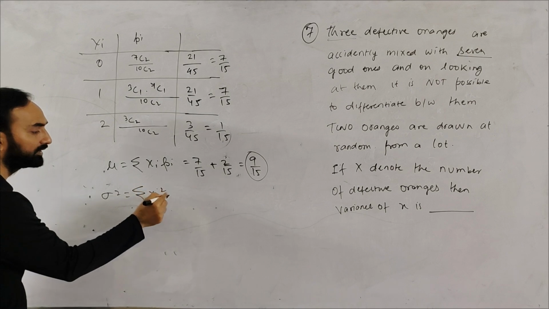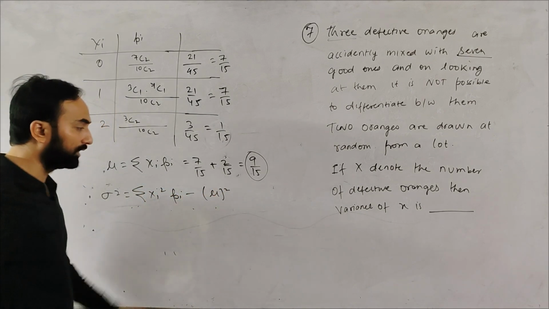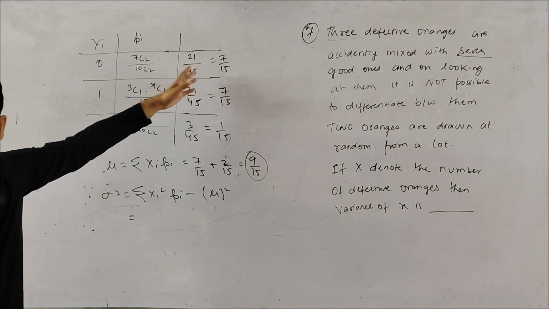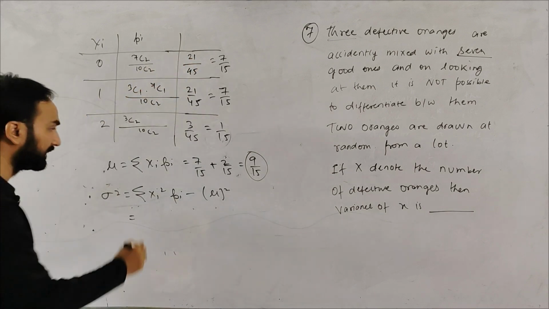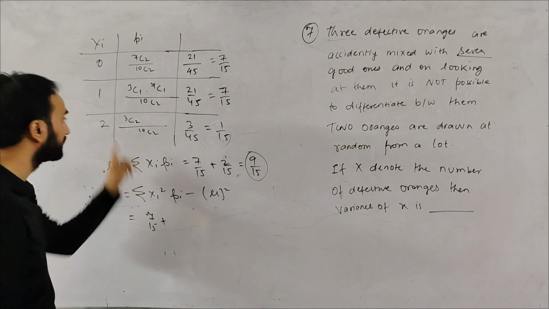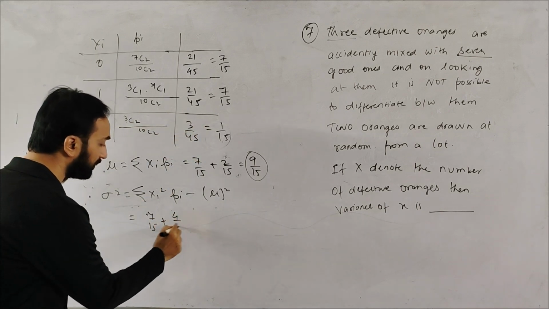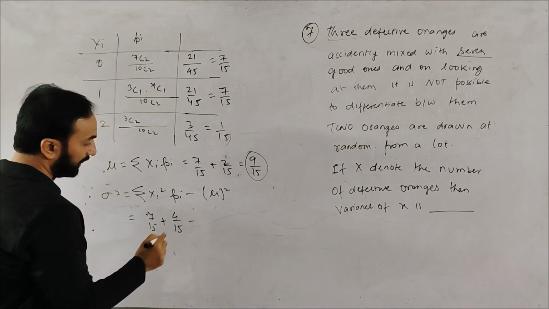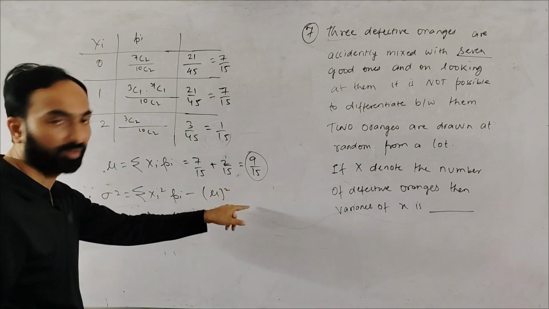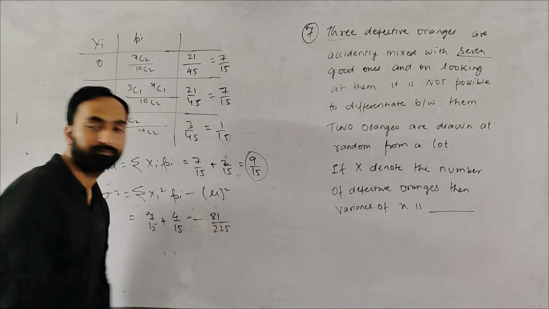Now what is the variance formula we have used? Summation of xi square pi minus mu square. Now just calculate quickly. Xi square is what? 0. There is nothing to do here. Then it is 7 by 15, plus this will become 2 square, no? This will become 4 by 15, and minus mu, which is 9 by 15. So 9 by 15 square is what? 81 by 225.